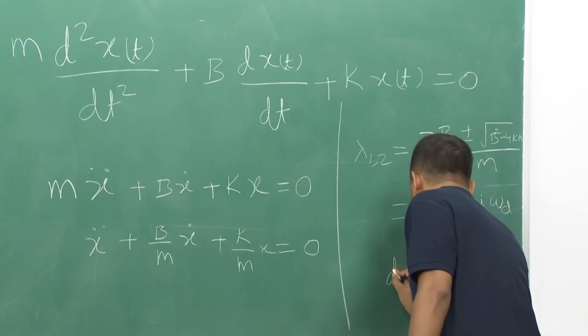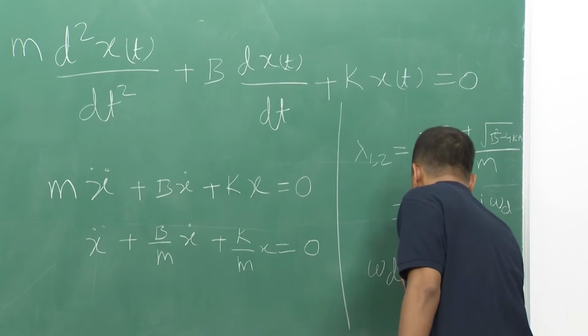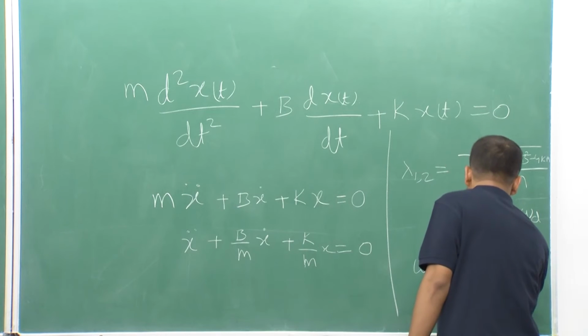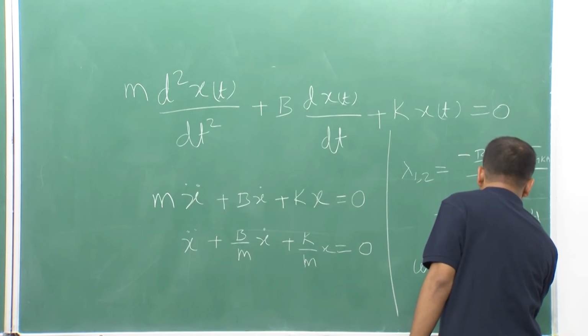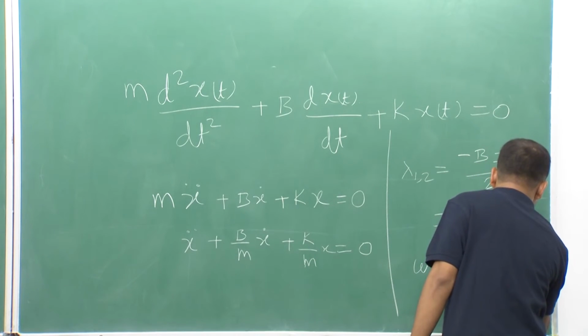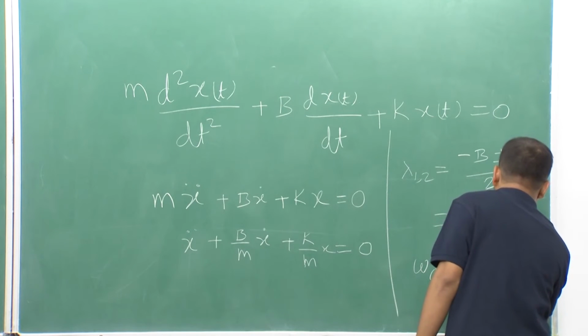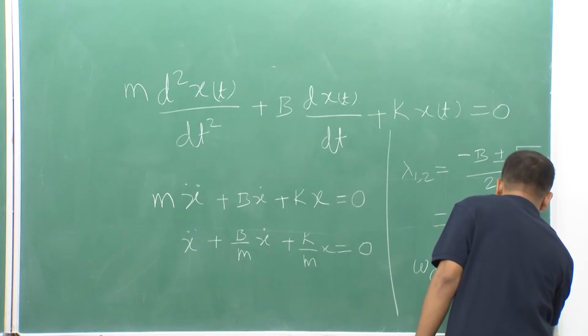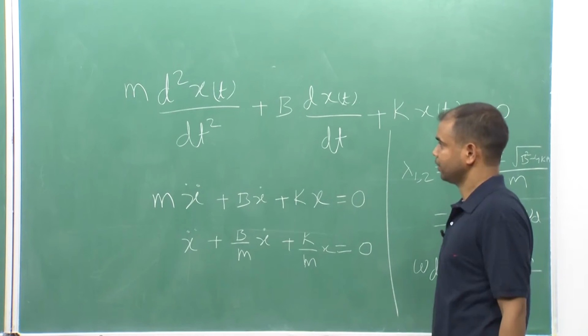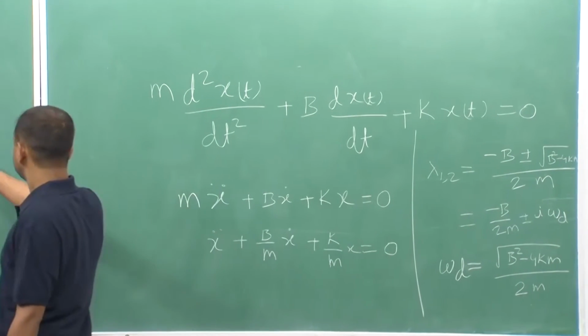Omega d will be given by under root b square minus 4 k m divided by 2 m.